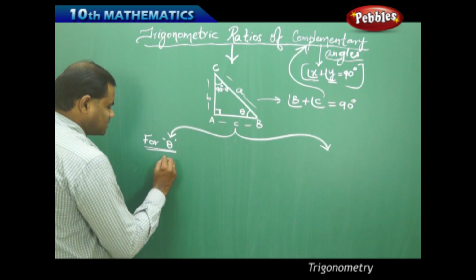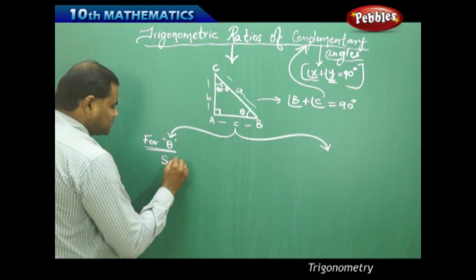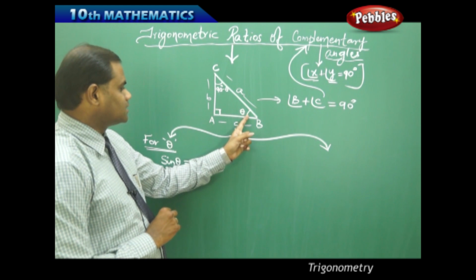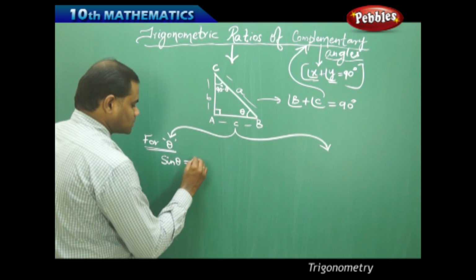Let me start with sin theta, which from this triangle is opposite by hypotenuse.